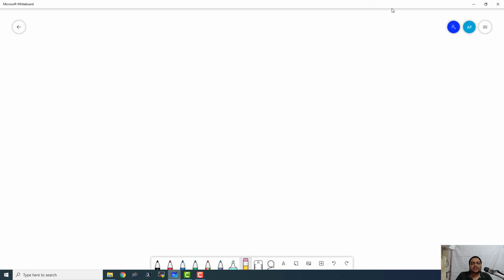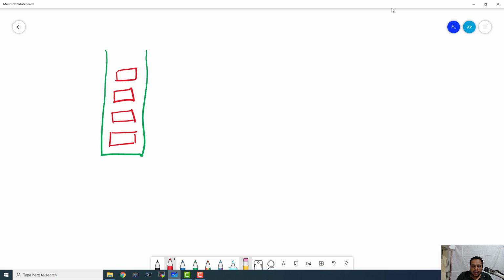So the very first data structure is the stack. This is a symbolic representation of a stack. I'm not actually going to cover how the stack accomplishes all these conversions and evaluations, but let me tell you something.